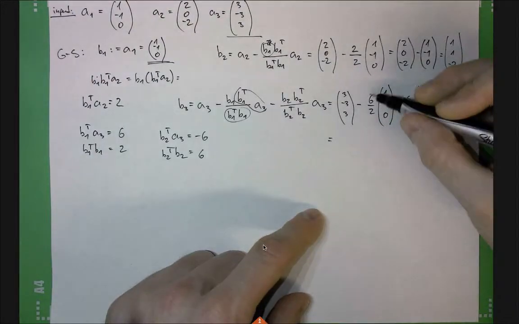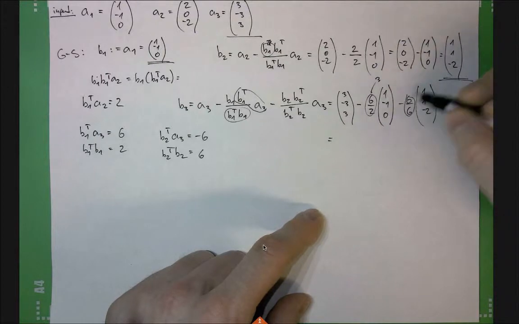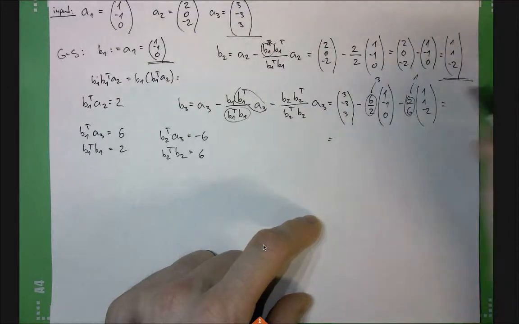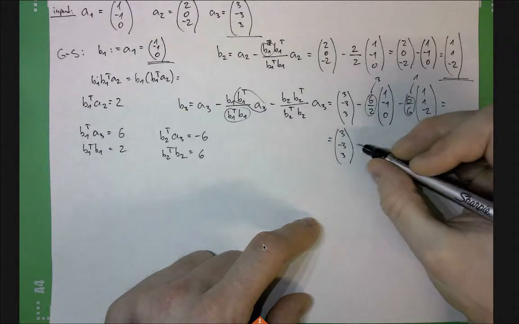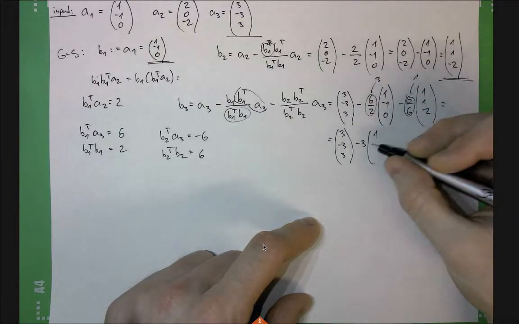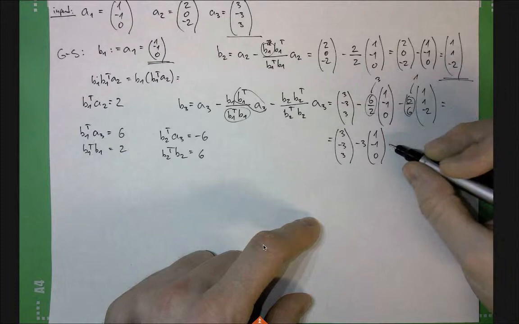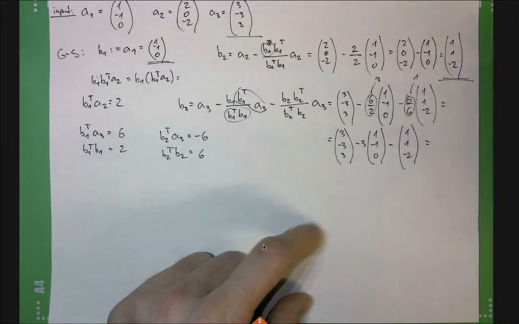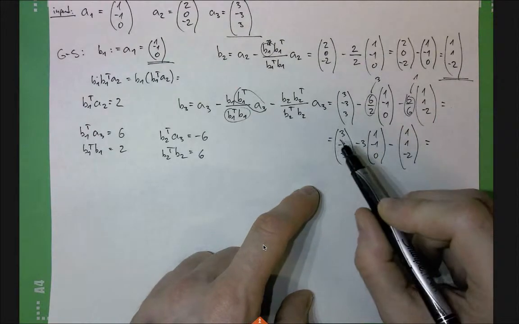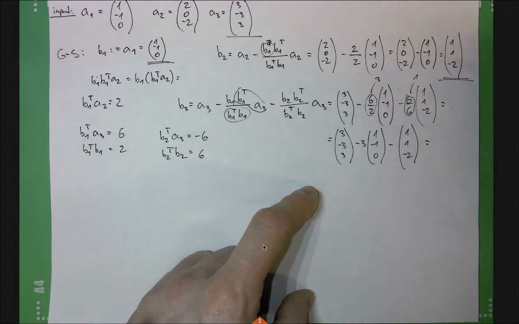So this is just 3. This is just 1, right? So let me write it out properly. So this is minus 3, 1, minus 1, 0, and this is minus 1, 1, minus 2. So if I put it all together, I have 3 minus 3 minus 1, that's going to be minus 1.